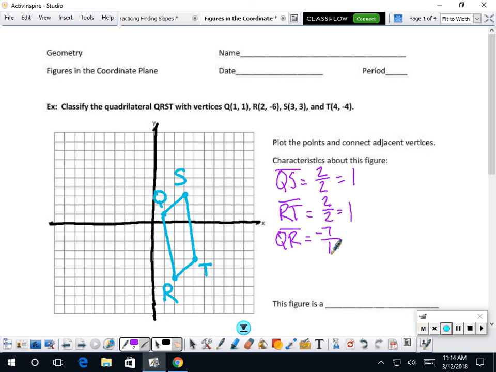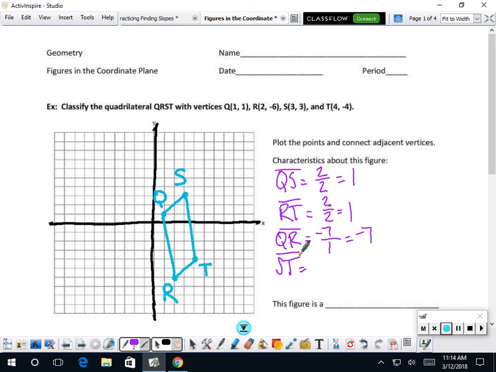And negative 7 over 1 reduces to just negative 7. And I'm going to look at the slope at the line that is parallel to QR, which would be ST. And it doesn't matter what order you do these in, okay? I just typically pick whatever line I'm looking at first.